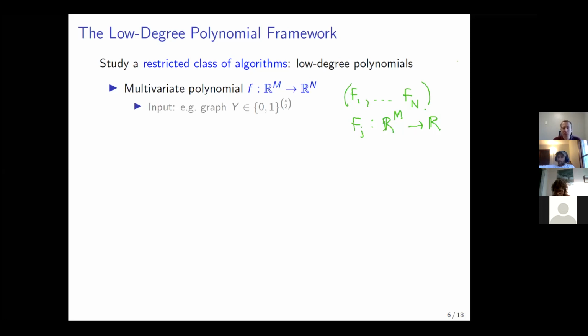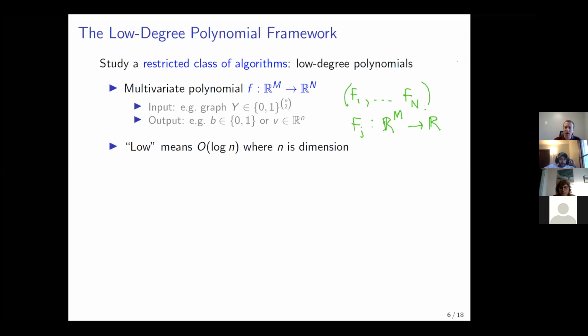And we think of the input of this polynomial as just being whatever input we're given in the problem. So for instance, it could be a random graph represented as its adjacency matrix. And depending on the setting, the output will be whatever constitutes a solution to our problem. So if we're trying to do a decision problem, maybe we just want to output a single bit, whereas in our cases, we will want to output some vector, which maybe is the indicator vector for the position of the large independent set.